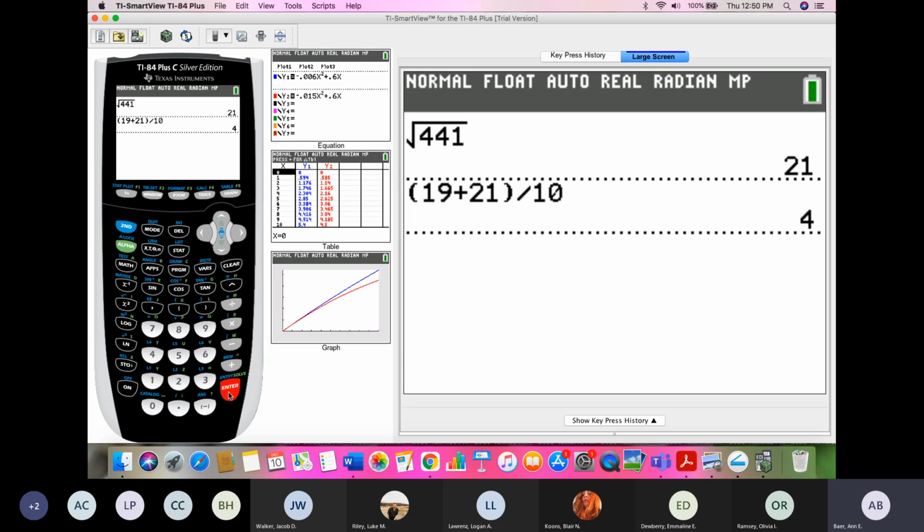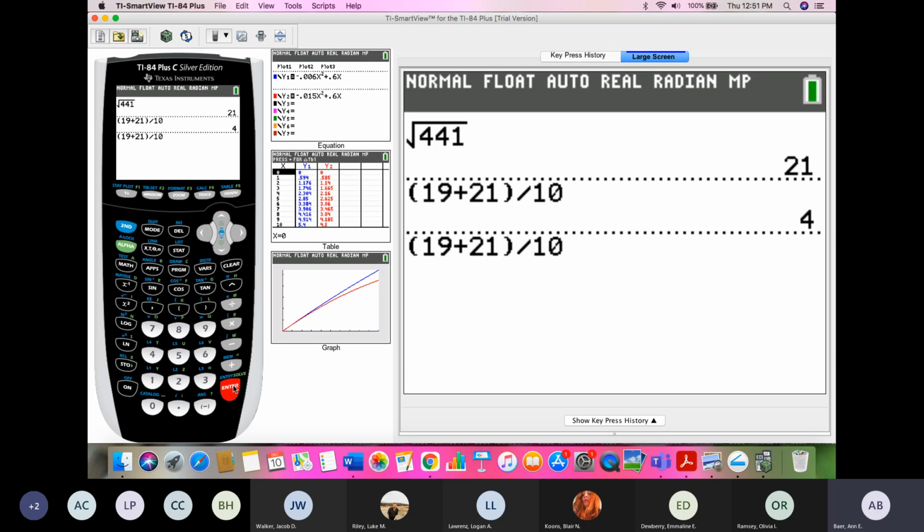Next one. Now I could repeat the entry. Repeating an entry is that blue ENTRY up here above the enter key. So I don't think you can see that, but it's in blue. And we've talked about this before. You can do second enter. And that puts the same thing on the screen up there.